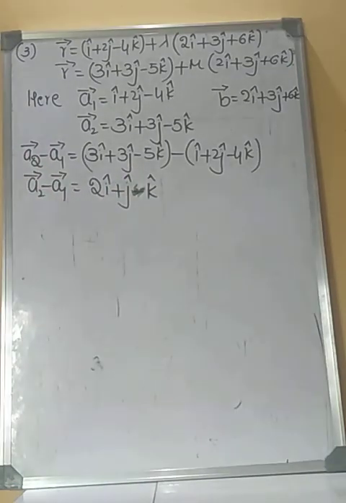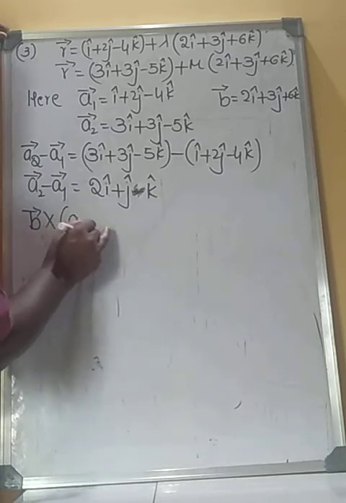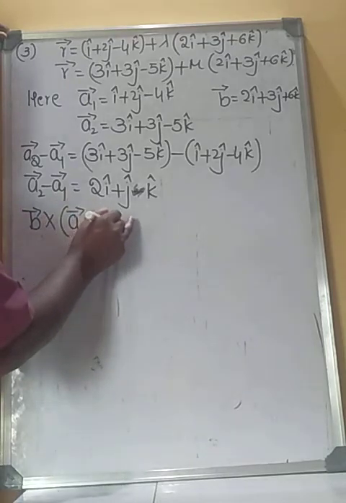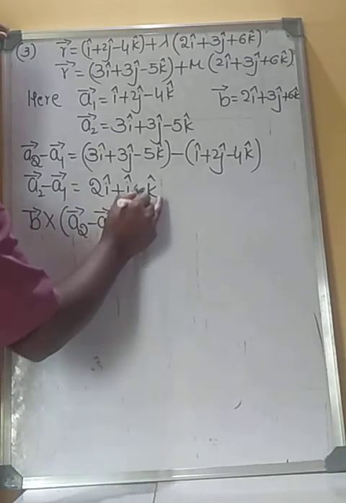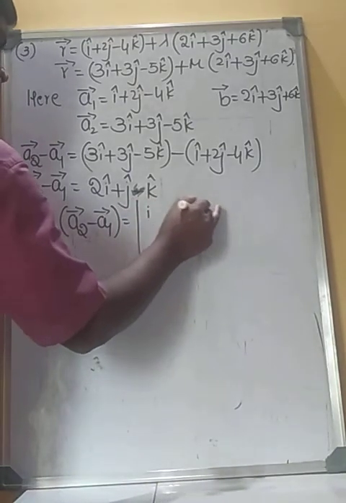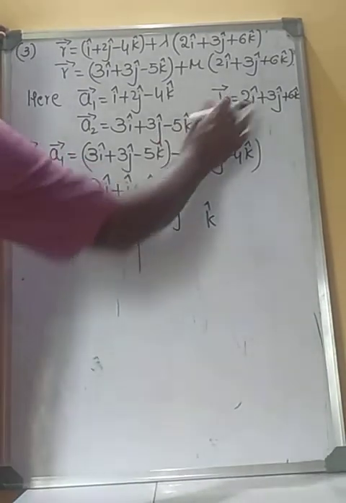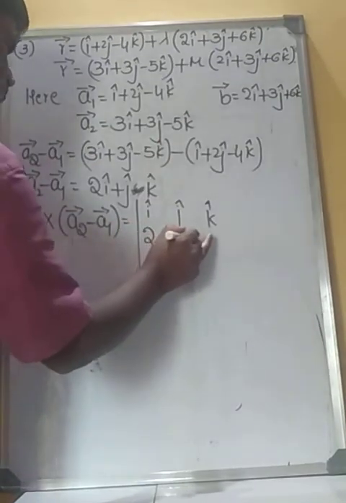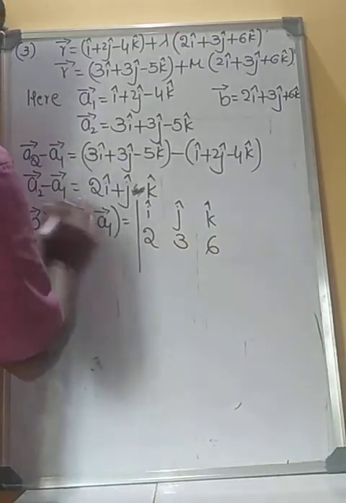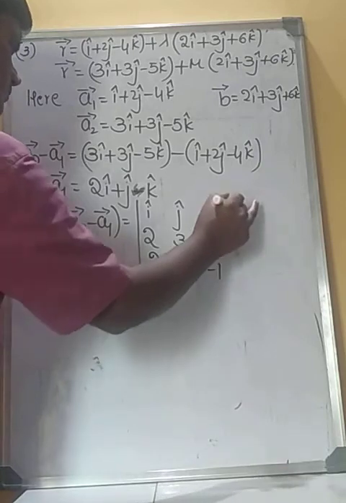Next, find vector b cross a2 minus a1, the determinant with i, j, k. Vector b components are 2, 3, 6 and a2 minus a1 components are 2, 1, minus 1.